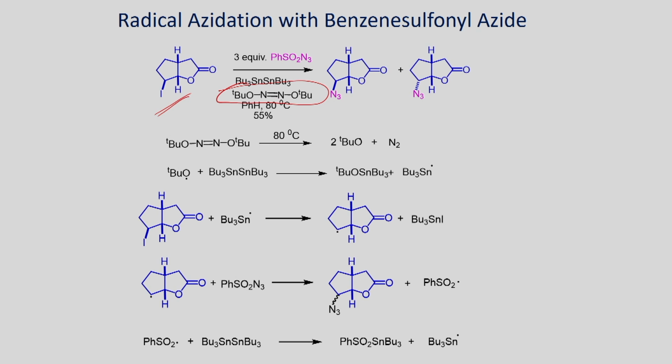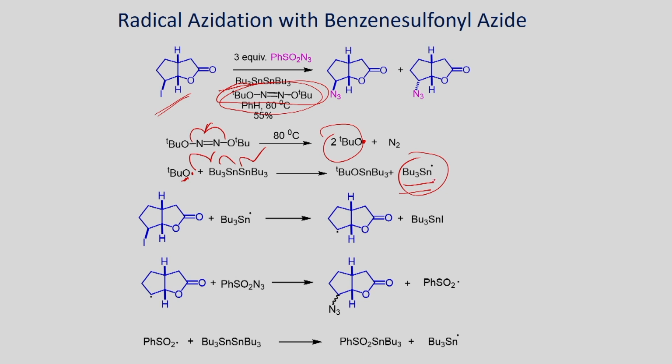We have seen so far the use of AIBN, the tin based chemistry. Here when you heat this azo derivative, it can undergo homolytic cleavage. When you heat it, you form this tertiary butoxy radical. Once you form the tertiary butoxy radical, this radical can react with this tin reagent. You form the tributyl tin radical.